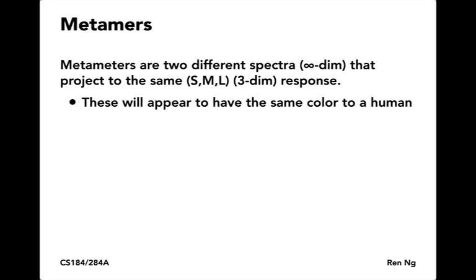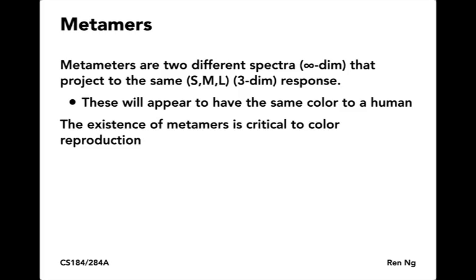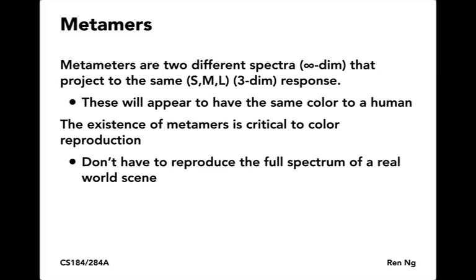Let's talk about it. What are metamers? Metamers are two different spectral power distributions, again infinite dimensional, that project to the same SML response, again three-dimensional. Two metamers will appear to have the same color to a human because the brain is receiving the same three SML values, even if the original spectral power distributions look as graphs completely different. The existence of metamers is critical to color reproduction because it means that we don't have to reproduce the full spectrum of a real world scene.